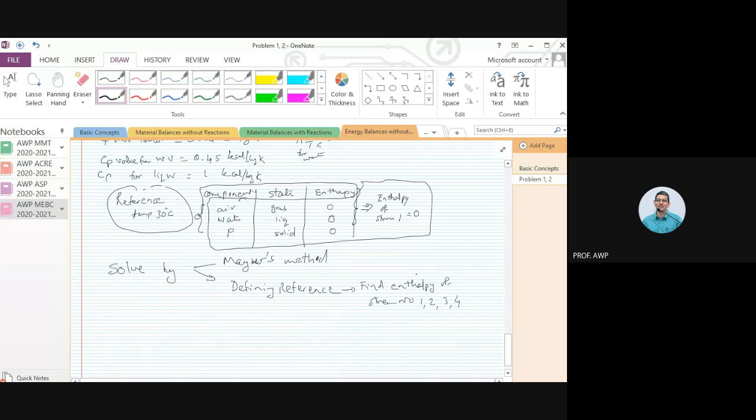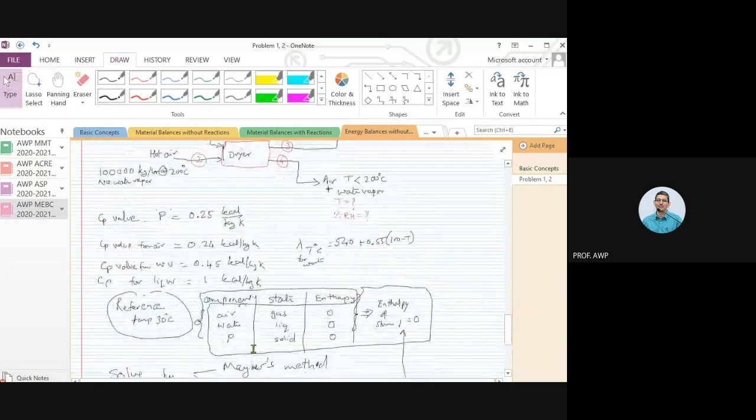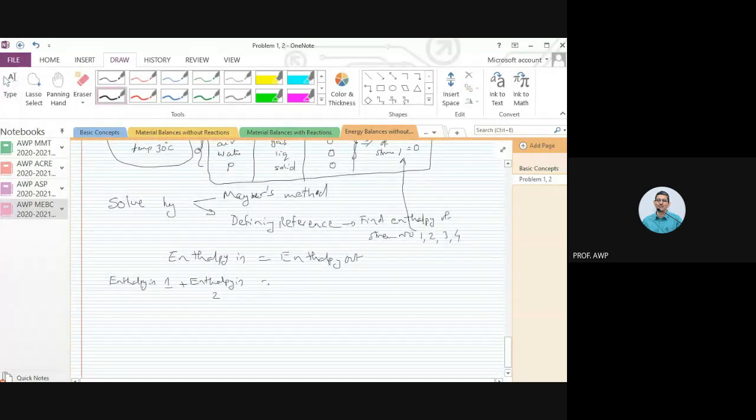Stream number 1 just happened to be 0 because that is the same as our reference condition. So then we will write the enthalpy balance. Enthalpy in must be equal to enthalpy out. Enthalpy in is because of stream 1 plus enthalpy in because of stream 2. Enthalpy out is because of stream 3 and enthalpy out is because of stream 4.